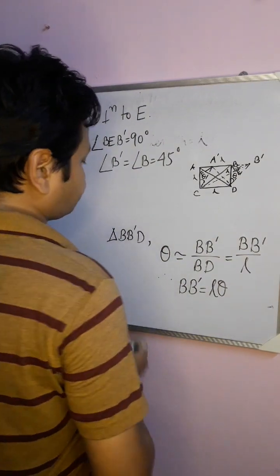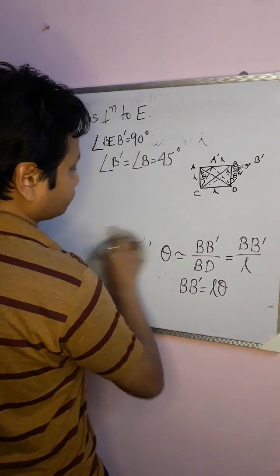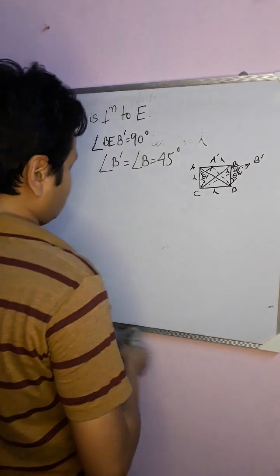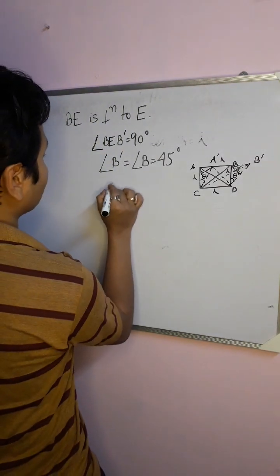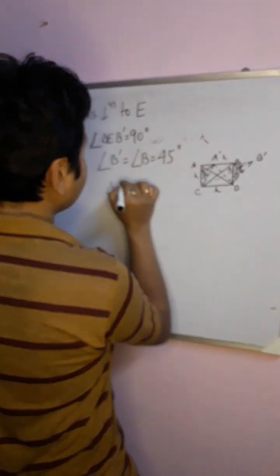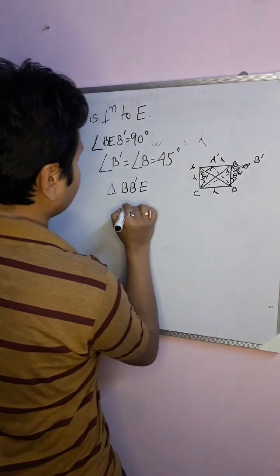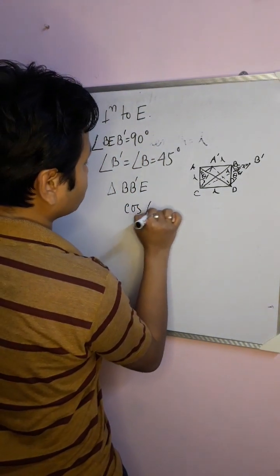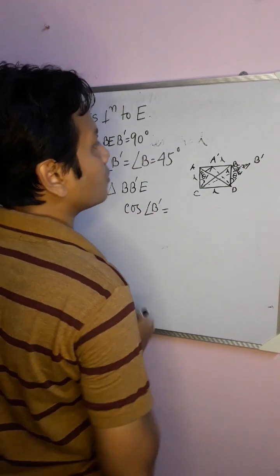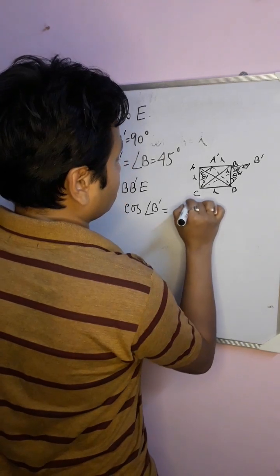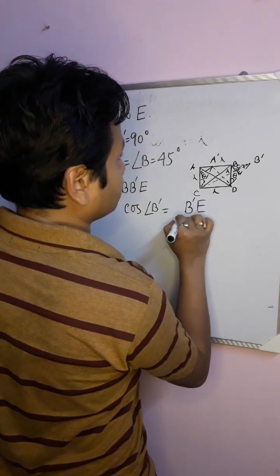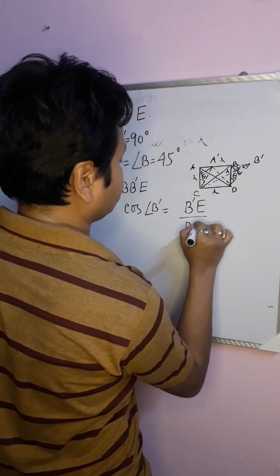So if we take this small triangle BB dash E, we just have to find the cosine of this angle. Cosine of angle B dash means B dash E by BB dash.